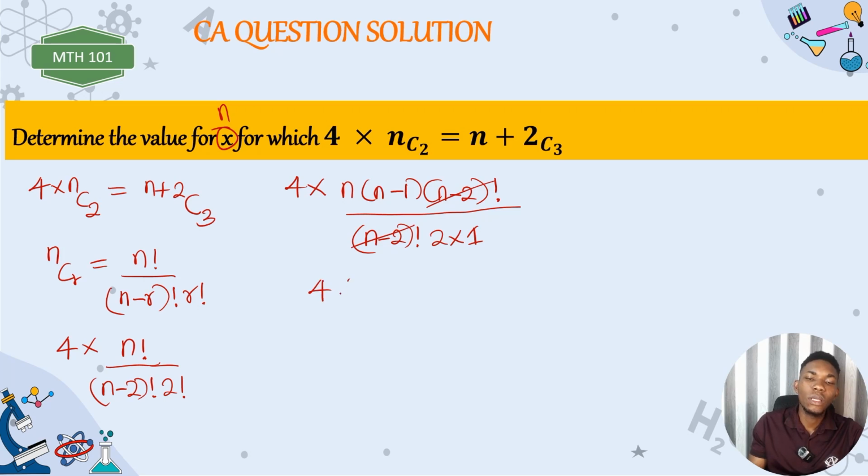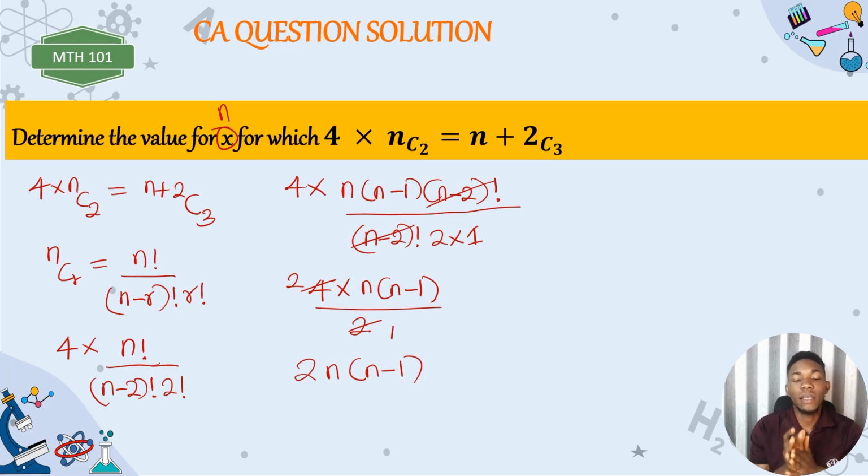We have 4 times n bracket n minus 1 all divided by 2 times 1, which is 2. So 2 here, 2 here will give us 2. So this left hand side will give us 2n bracket n minus 1. That is for the left hand side.